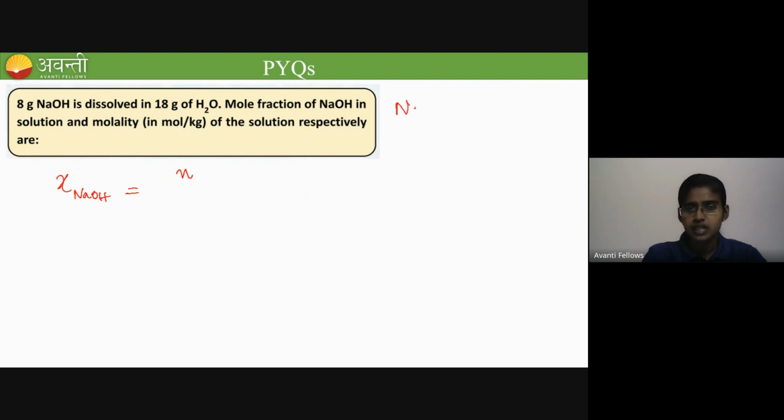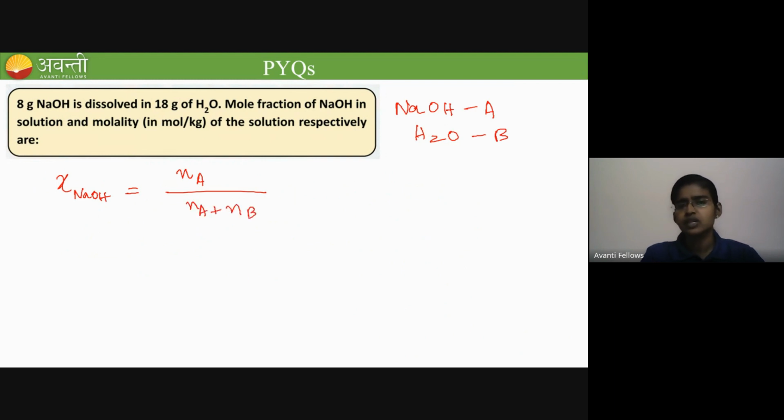Let me take this NaOH as A and H2O as B. Okay. If I want to find out the mole fraction of NaOH, it is Na by Na plus Nb. So to find out that, we need to find out the number of moles.